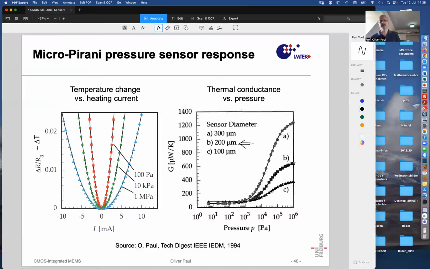And it does what we expect. It essentially saturates and becomes constant at high pressures. This is at 1 atmosphere, 10 to the 5 Pascal. So, well, it appears that actually it's not yet fully developed, much smaller than 1 regime.